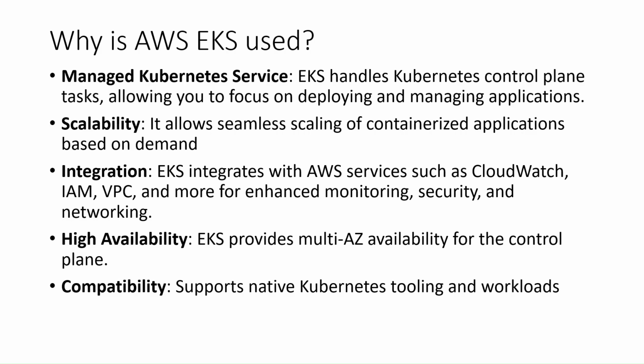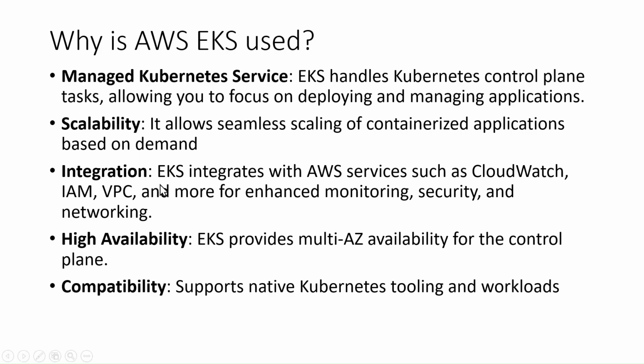And integration. You can integrate EKS with other AWS services like CloudWatch for monitoring logs, and IAM for managing permissions. You can also maintain your own private network, for enhanced monitoring, security, and networking.